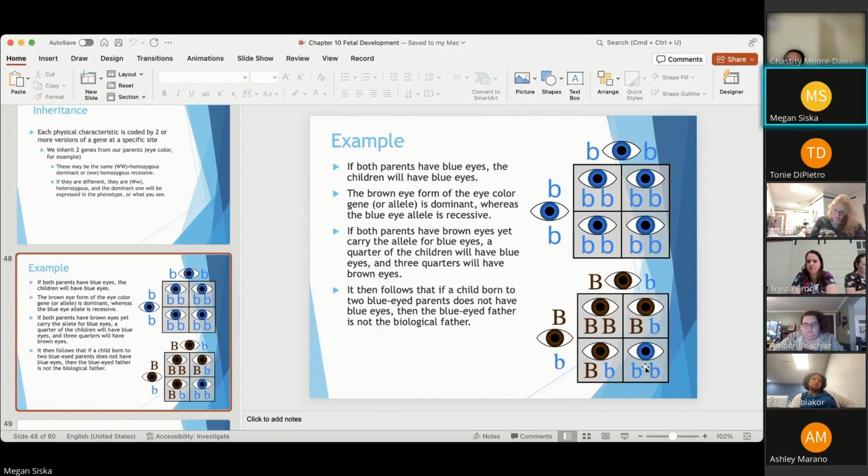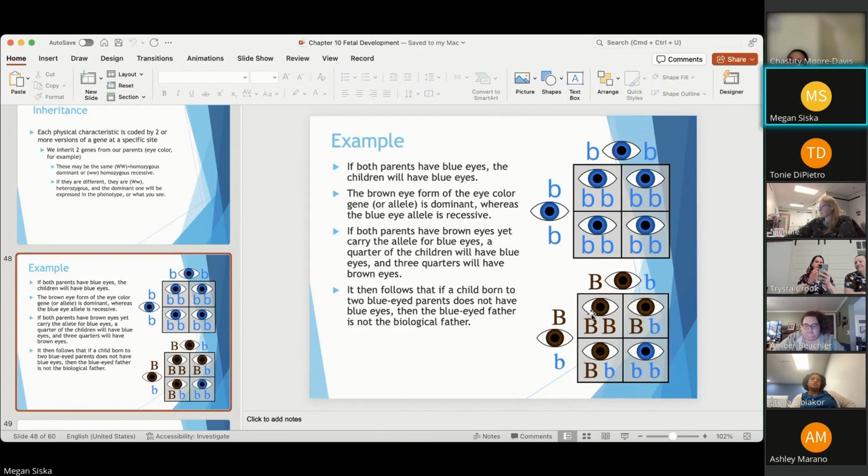This shows you if they were to have 4 children, 3 of their children would have brown eyes. 2 of those children would also carry that recessive gene for blue eyes, and then that 4th child would have blue eyes. They would have taken both those recessive genes, one from mom and one from dad, and then their phenotype would be blue eyes, and they would be able to pass that recessive gene to their children.